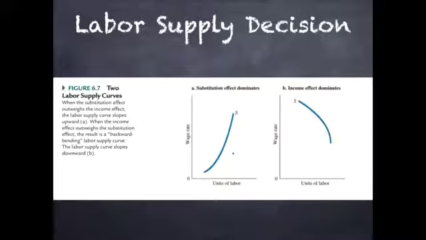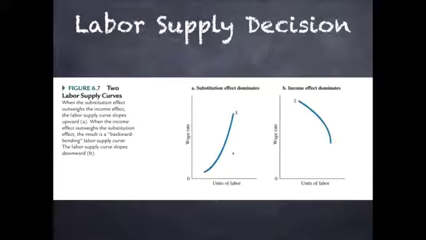We're taking a look at the labor-leisure trade-off. As the wages you get paid go up and you work more, you're substituting away from leisure, i.e. your free time, and that is the effect that is dominating. You substitute work time for leisure time.